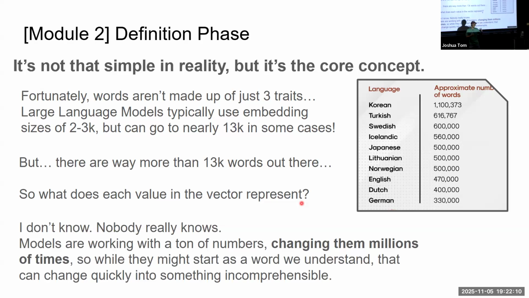Not everything is like, this one value represents being red or not. The way these are calculated is multiplication after multiplication, millions and millions of times. Values are changing each other. So by the end of it, the model understands what each value means.